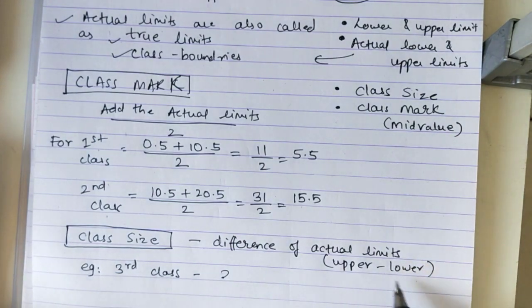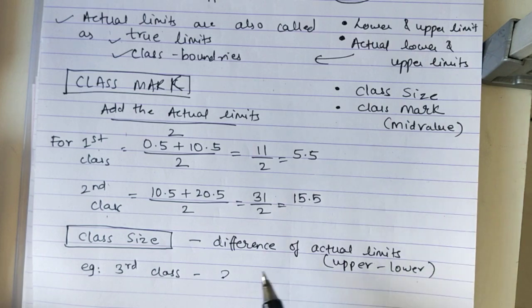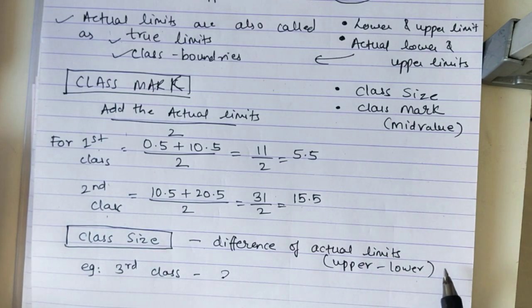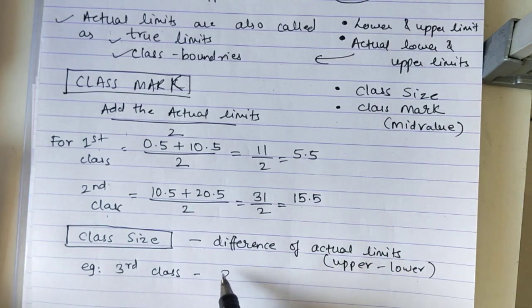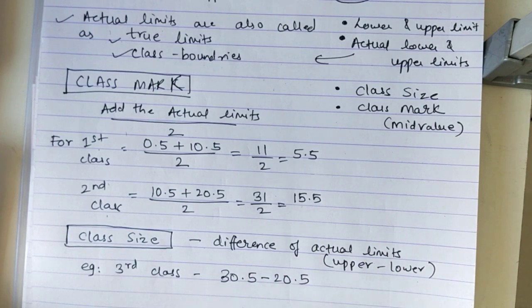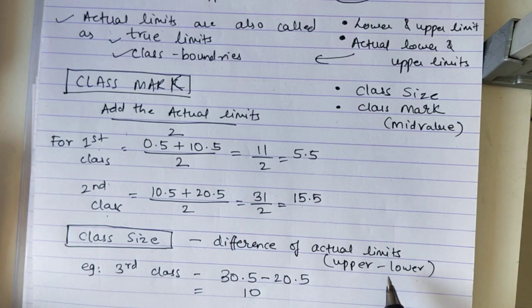If we subtract lower minus upper, we'll get a negative value. To avoid that, we take upper minus lower. That is 30.5 minus 20.5. This difference is 10. That means the class size for the third class is 10.